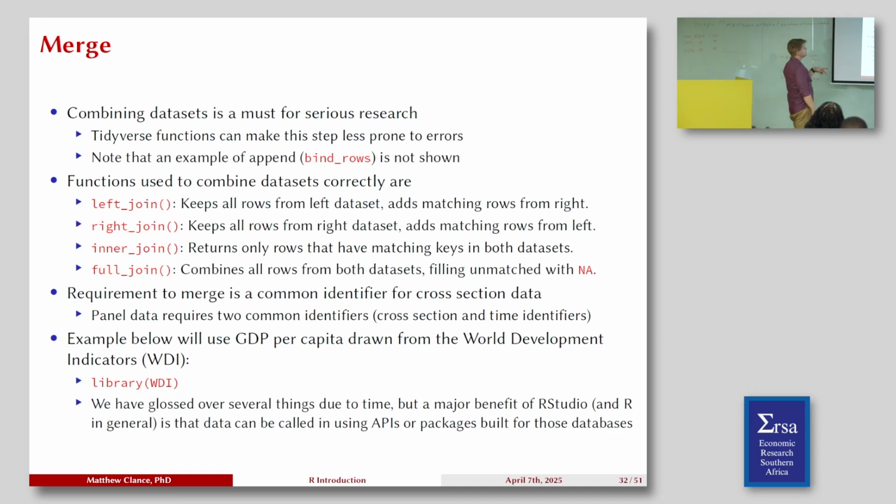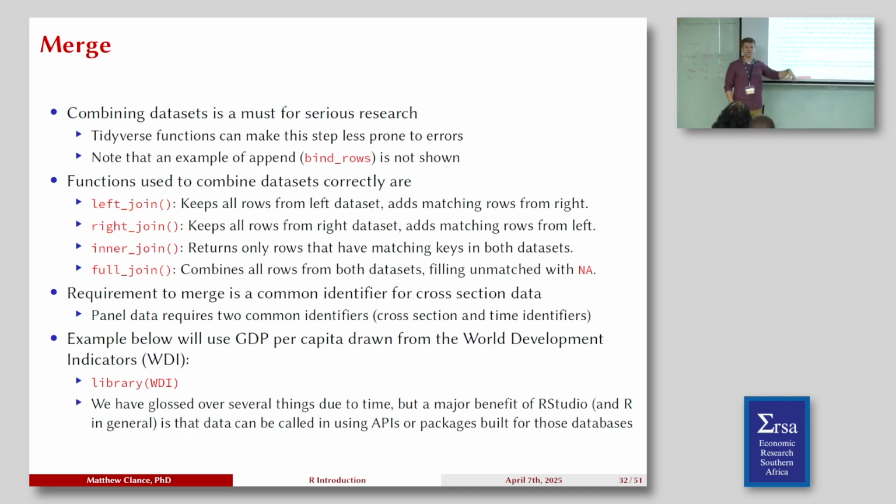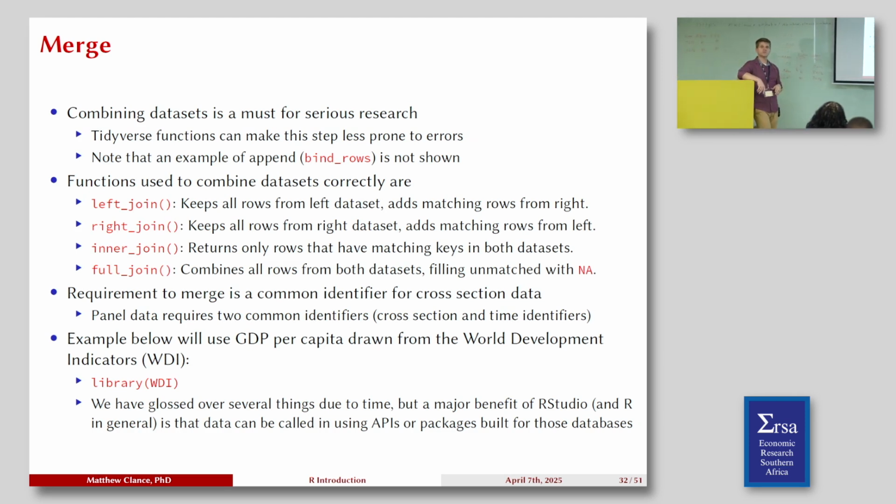And then we have the full join, which basically says put them both together, match what you can. Anything that doesn't match, put an NA in there. Okay? We have different reasons for doing each one. It just depends on, again, what our particular question is, whether that variable is important, whether it's something we could get information from somewhere else to supplement it, that would basically fill it in.